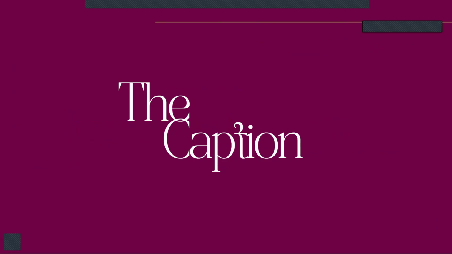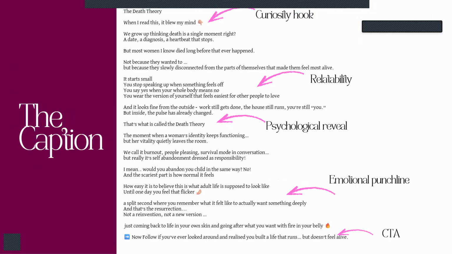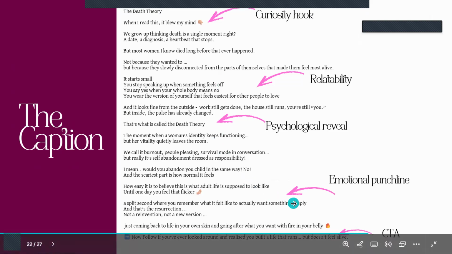Now, the third part of the formula is the caption, before I show you how to put all of this together really simply. With the caption, I've literally copied one of my captions on here, and I can tell you now, not nearly all of my captions follow this exact same formula.